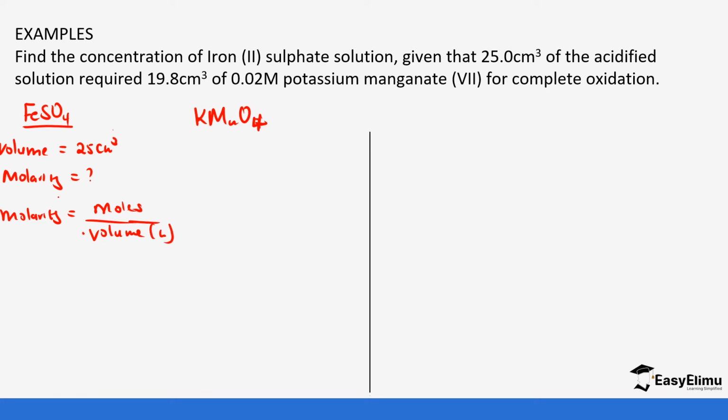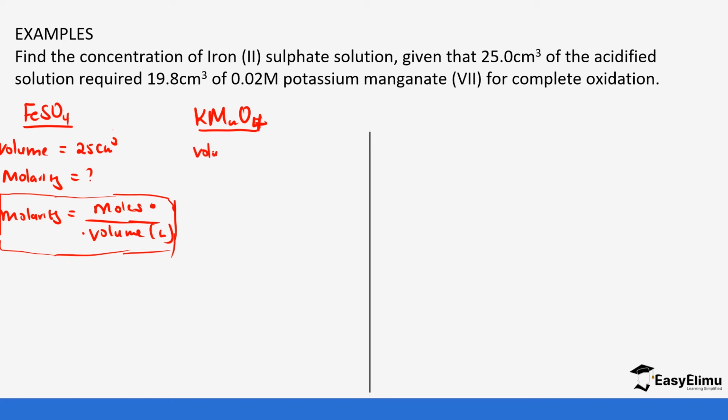So if you look at this process of calculating molarity, it tells us that we need moles and we also need volume in this calculation. So if we need moles and volume, in this question we don't have moles, we only have volume. So we need to figure out a way to get moles. Let's look at what values we have for potassium permanganate.